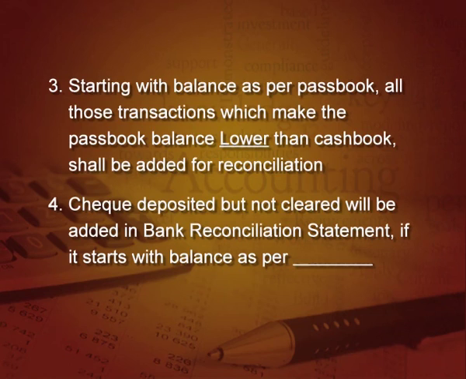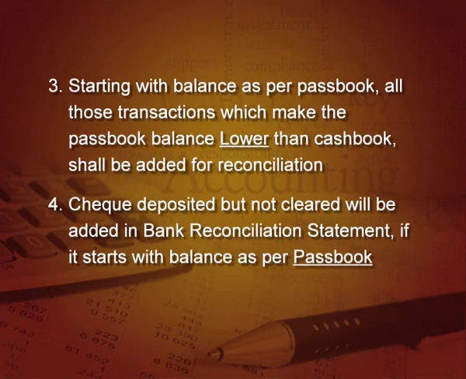Next point, check deposited but not cleared will be added in bank reconciliation if we start with balance as per cash book or passbook? Passbook, because in cash book we have already added. So, now we will add it in passbook.